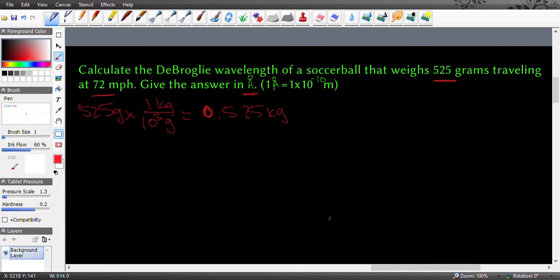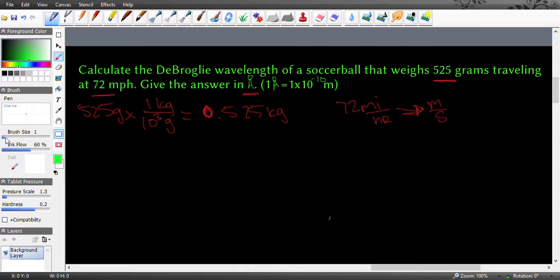Now we need to turn our 72 miles per hour into meters per second.